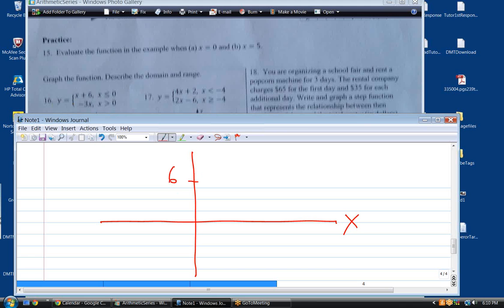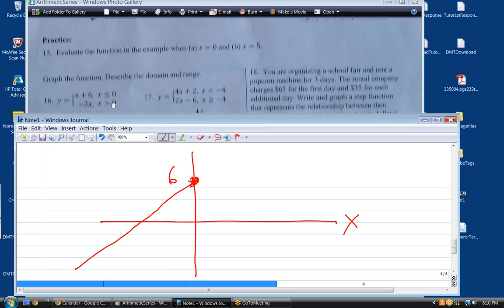Okay, so let's label that. It would normally look like this, with a slope of 1. But since it's only true to the left of the y-axis, I only want to draw that part of it, with a closed dot right there because it's less than or equal to 0.